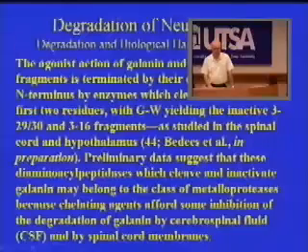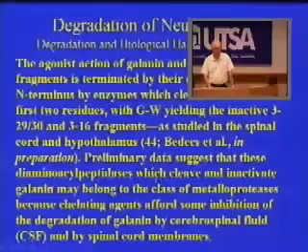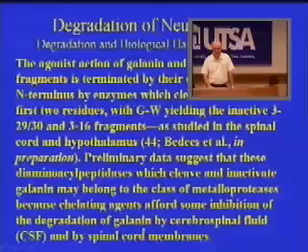So the data suggests that these diaminoacyl peptidases, which cleave and inactivate Galanin, may belong to the class of metalloproteases because chelating agents afford some inhibition of the degradation of Galanin by cerebrospinal fluid and by spinal cord membranes.